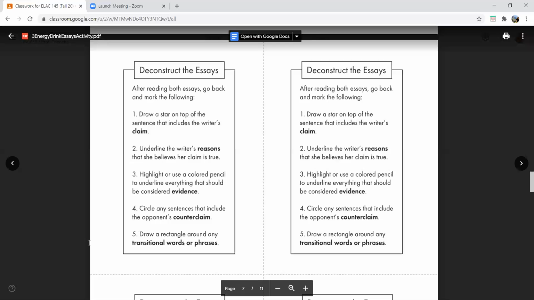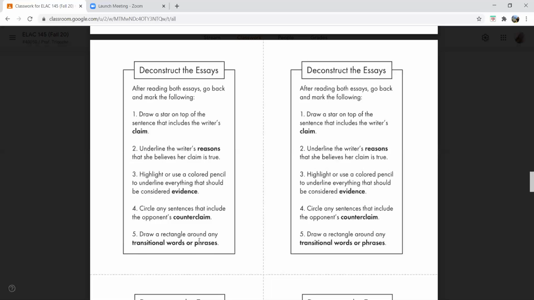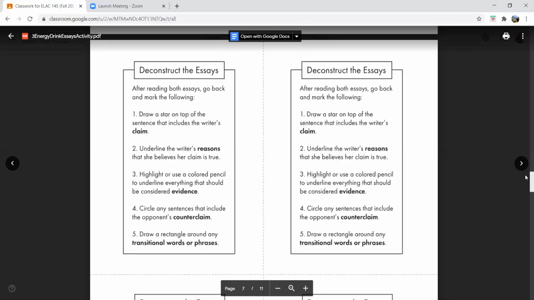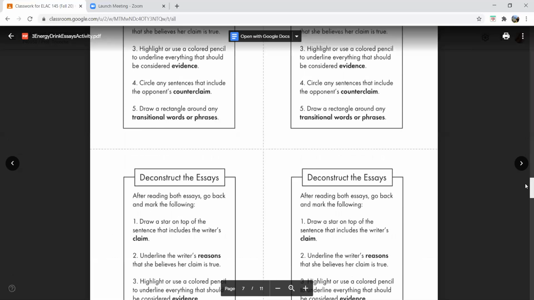Okay, we can use these transitional words and phrases as well as the information from They Say, I Say to repeat back evidence, quotes, information to not just tell people they should agree with us, but to show them that they should because of our good ideas. All right, let's take a look.